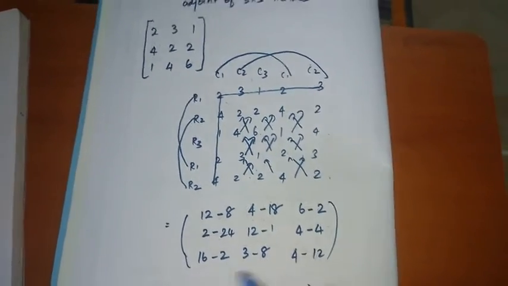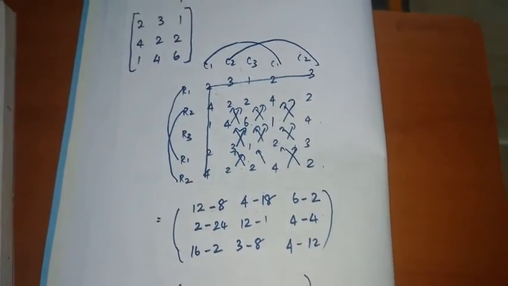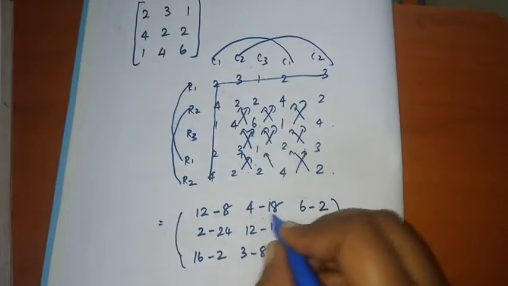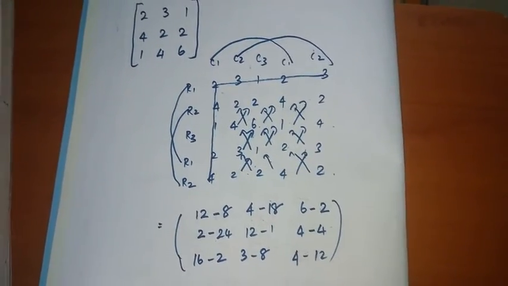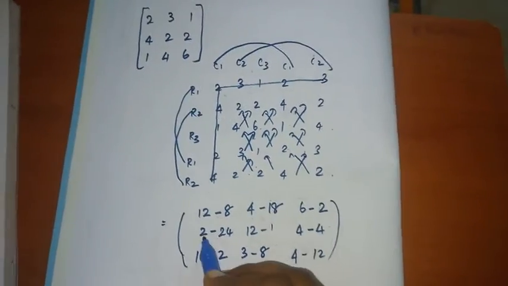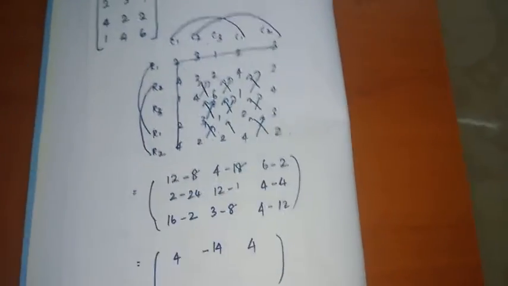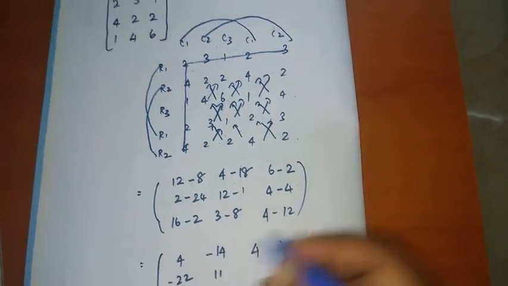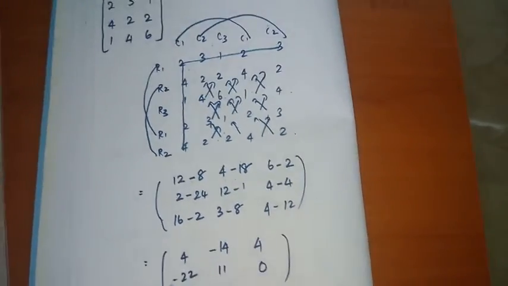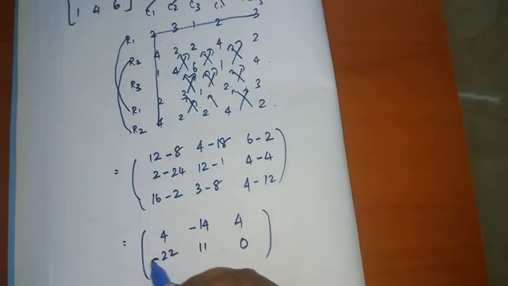See, 12 minus 8, what will it give? 4. 14 minus 18, minus 14. 6 minus 2, what will come? 4. 2 minus 24, minus 22. 12 minus 1, 11. 4 minus 4, 0. I think you know why I am putting minus here.